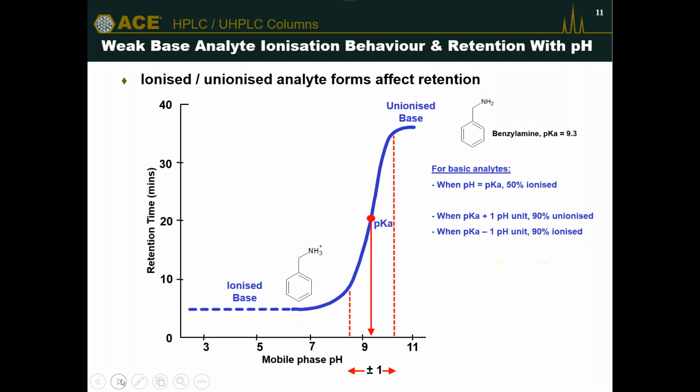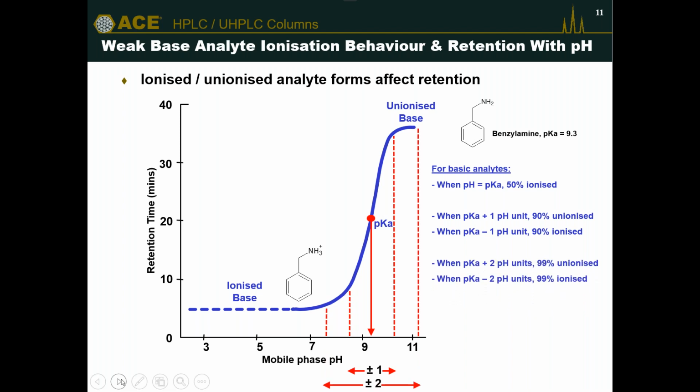And the more significant the changes will be in retention time, if anything fluctuates with the mobile phase composition. So a better place to work would be 2 pH units away from the pKa of your analyte. That's when you're going to have a more stable, more reproducible retention time.